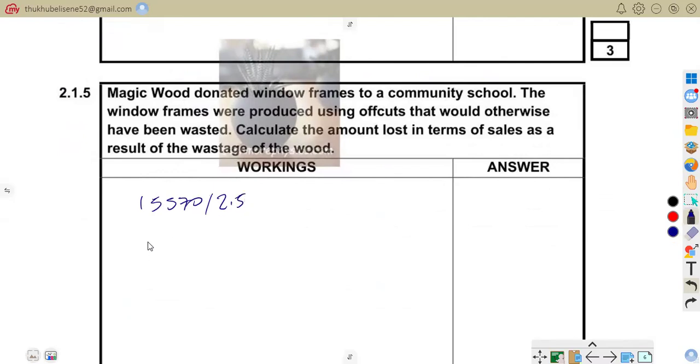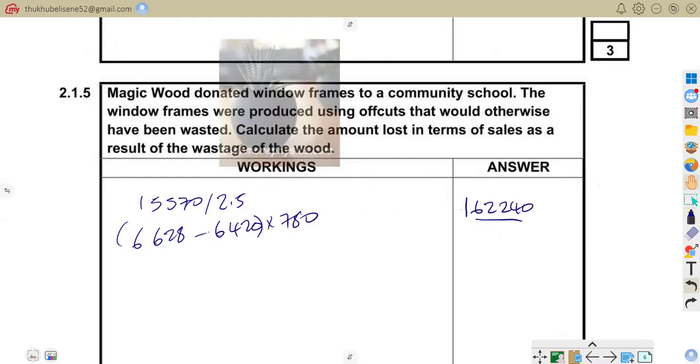This gives us 6,628, which is the possible, targeted or expected one, minus the one that is produced, the actual, which is 6,420. Then we multiply that by 780. And this will give us 162,240 as our final answer. So that is that, good people.